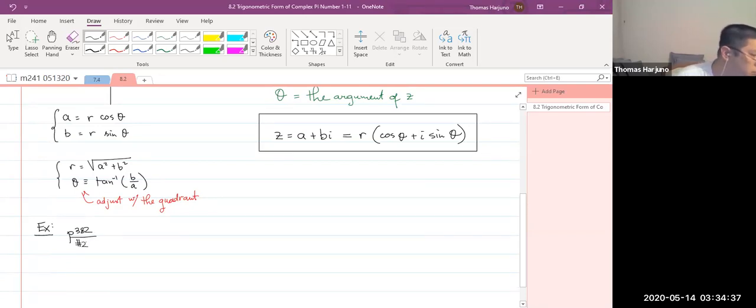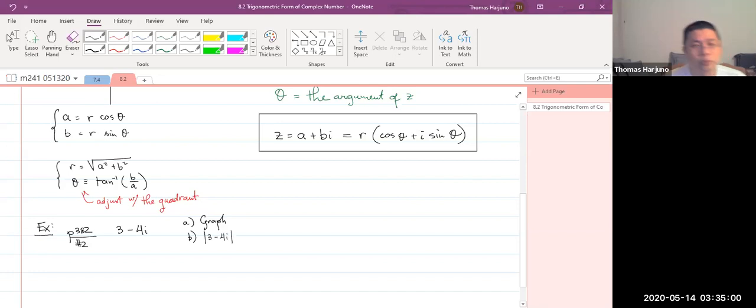Number 2 is 3 minus 4i. The question is, first, graph on the complex plane. Second, find the absolute value.